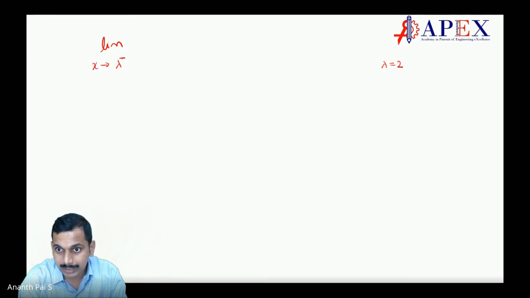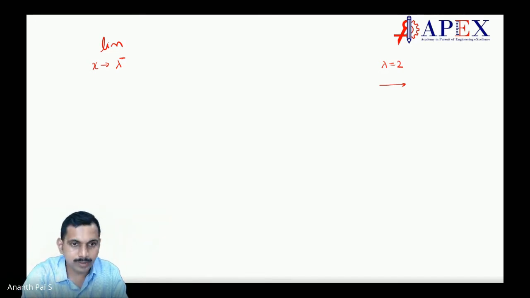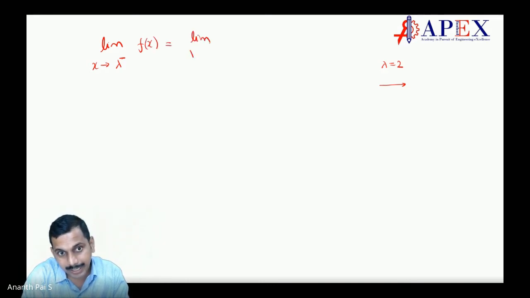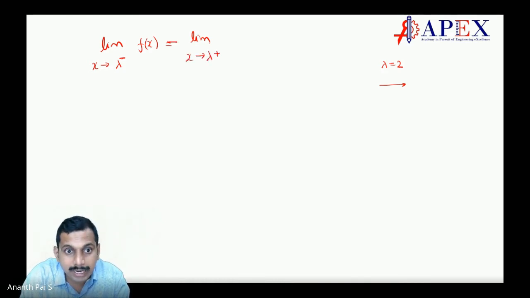Lambda minus means we are approaching 2 from the negative side, from values lesser than 2. f of x is equal to limit x extending to lambda plus f of x. If that is equal, then the limit exists.